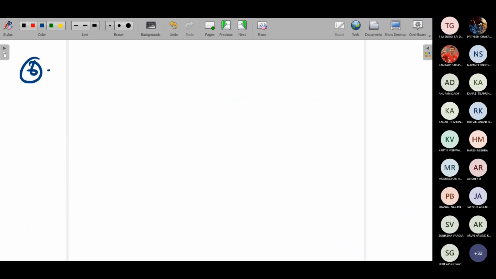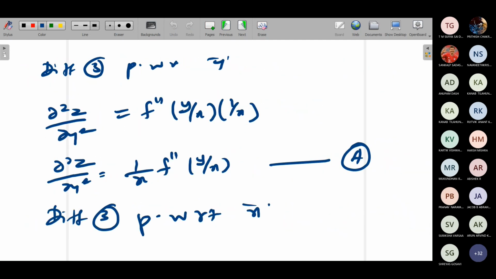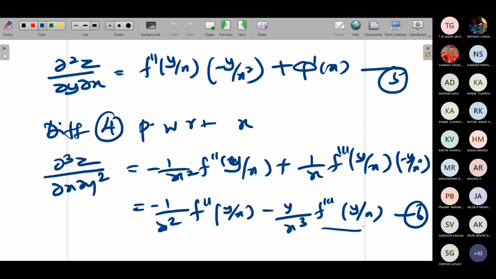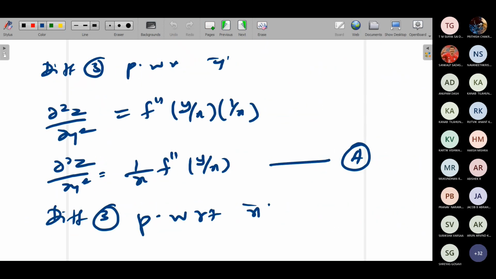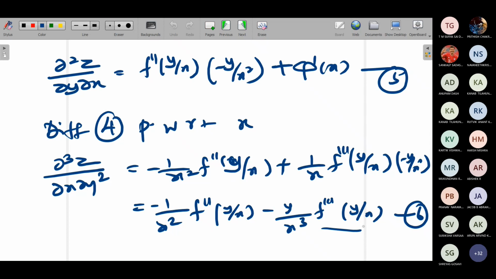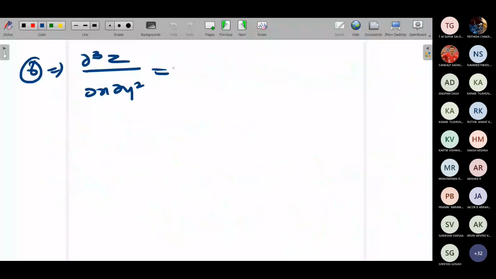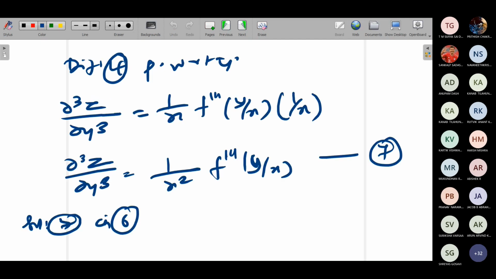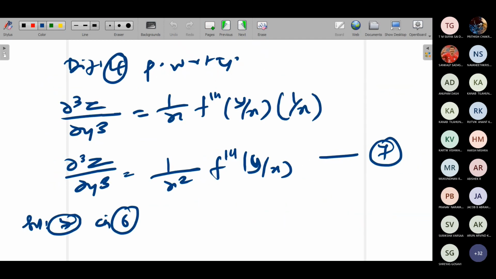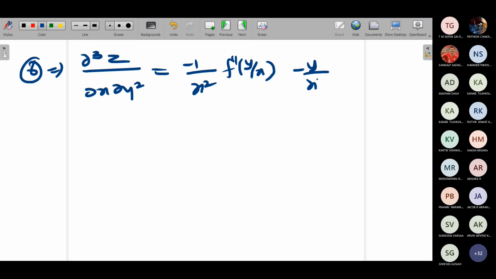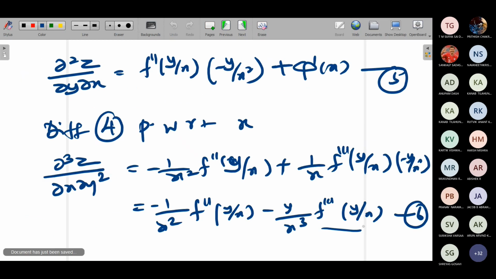Your 6 implies ∂³z divided by ∂x ∂y² is equal to, 6 is this, minus 1 by x square into f double dash of y by x minus y by x cube into f triple dash of y by x.